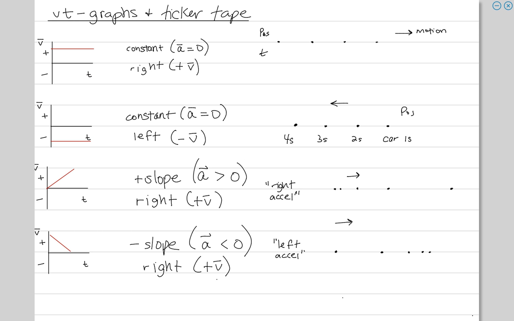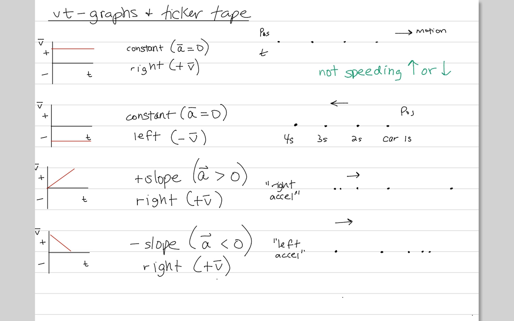So for the first two graphs, you're not speeding up or down in the first two graphs. So that would cover these two. For the third one, you're speeding up.